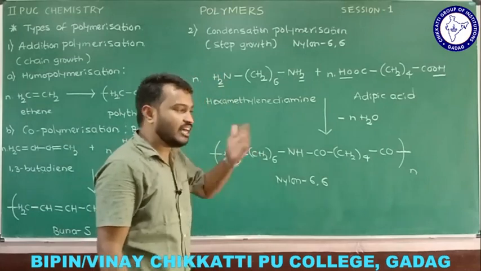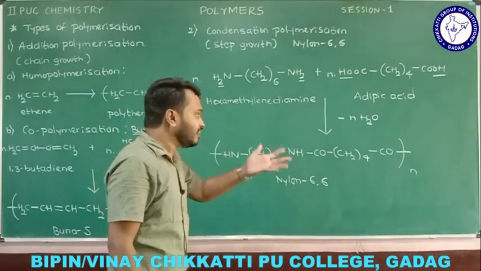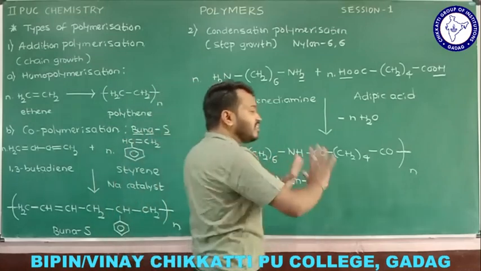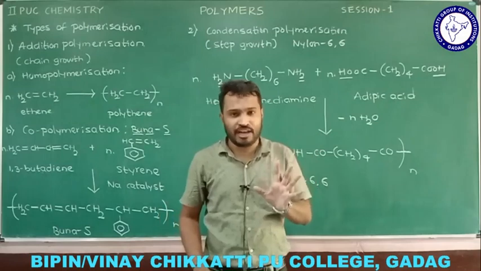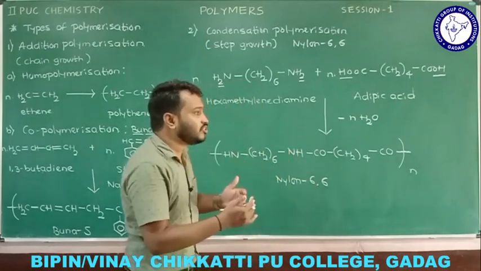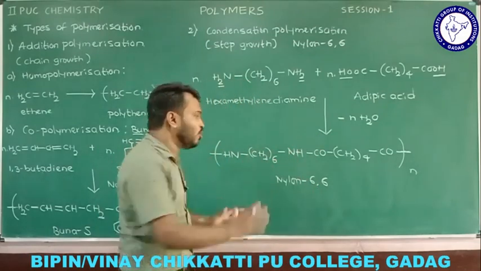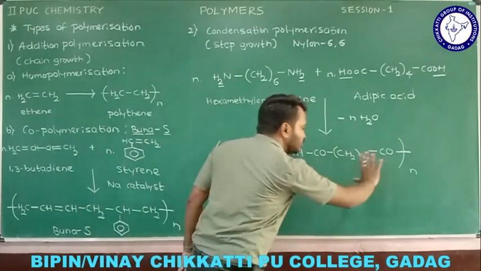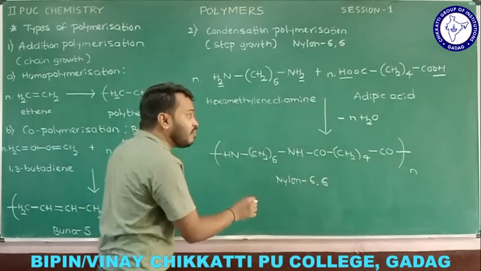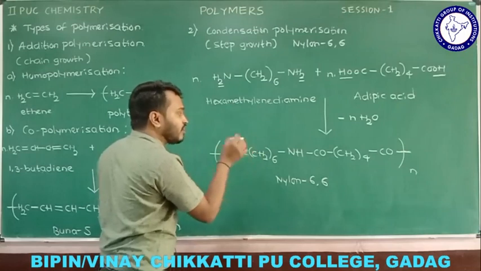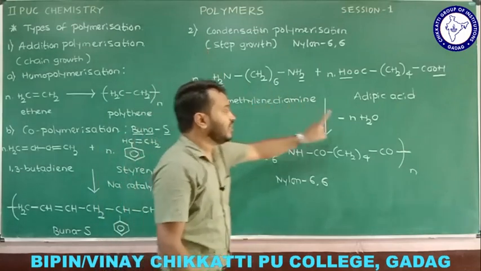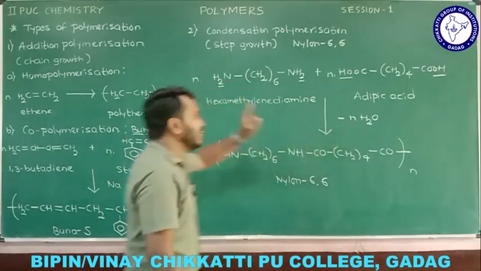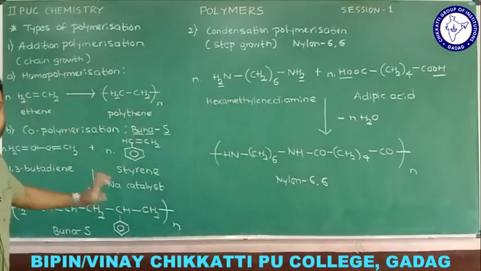Sometimes in the examination, they directly ask to write the partial structure of nylon 6,6. If they ask for a partial structure, there is no need to write the complete reaction, only the final partial structure. And remember that whether it is addition or condensation, in case of condensation there will be elimination of water, and in case of addition there is no elimination of water.